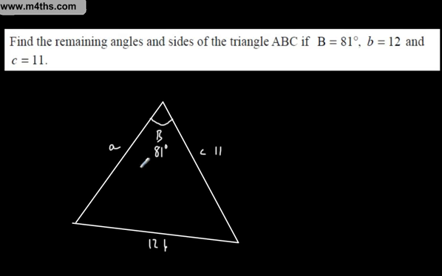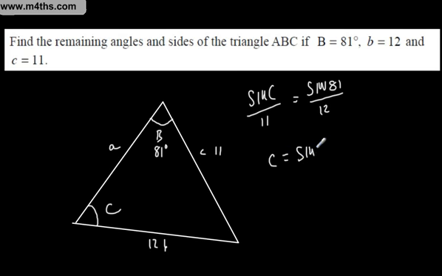So what do we need to do? We need to find the remaining angles and sides. Automatically we can get to this angle right here. To find an angle, we'll call this big C, we say that sine C over 11 is equal to sine B, which is 81, over the 12. So to get the angle size C, C is equal to sine to the minus 1 of 11 lots of sine 81 over 12, by simply multiplying up.